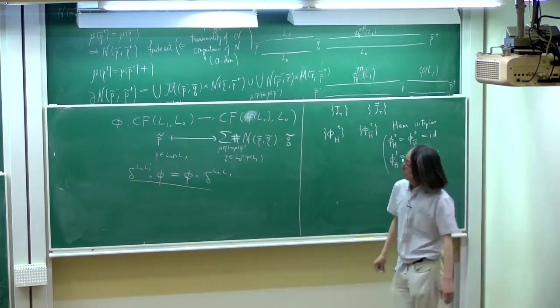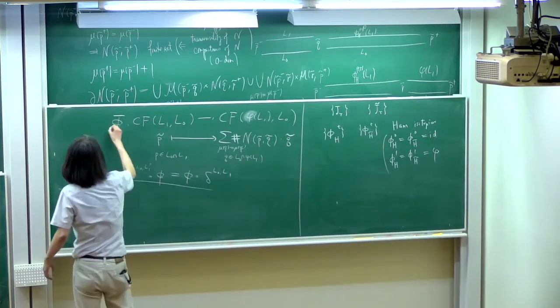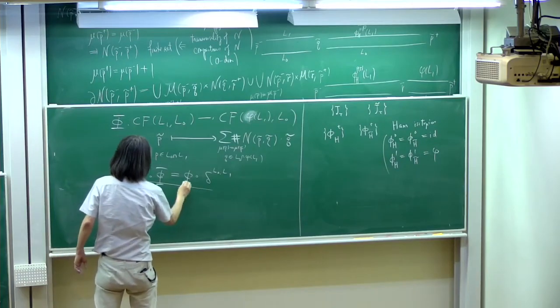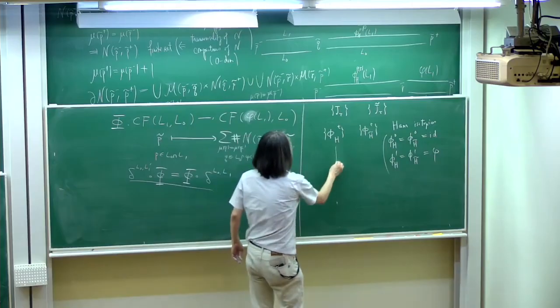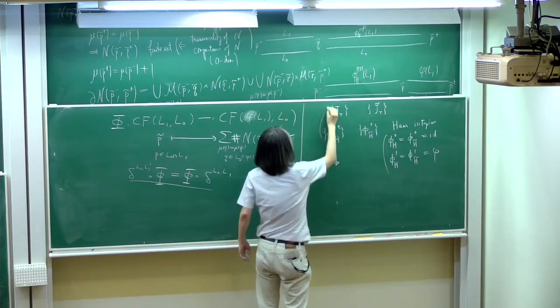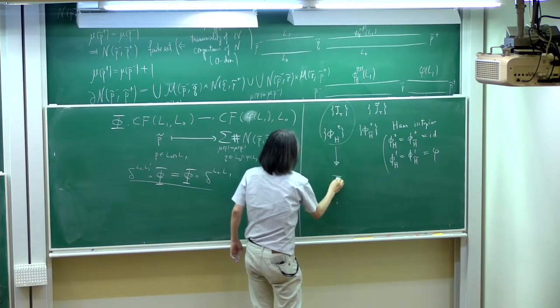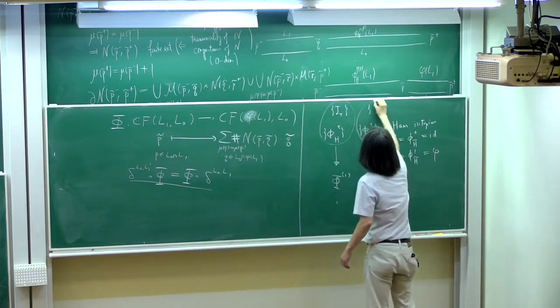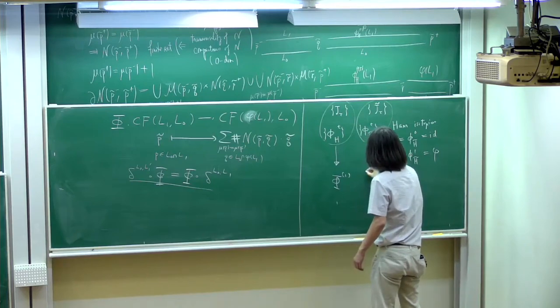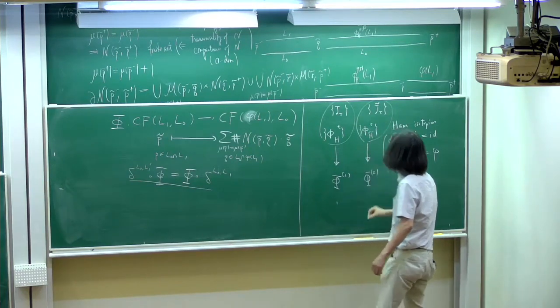Maybe it's better to write with capital phi. From these data you may get phi 1, and from the other data you may get phi 2.